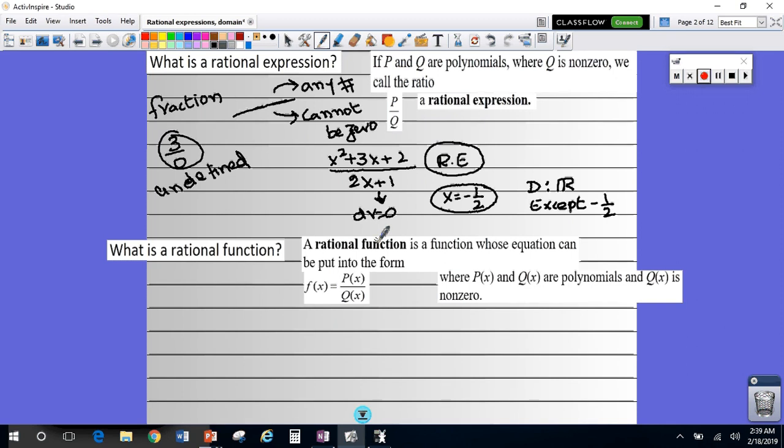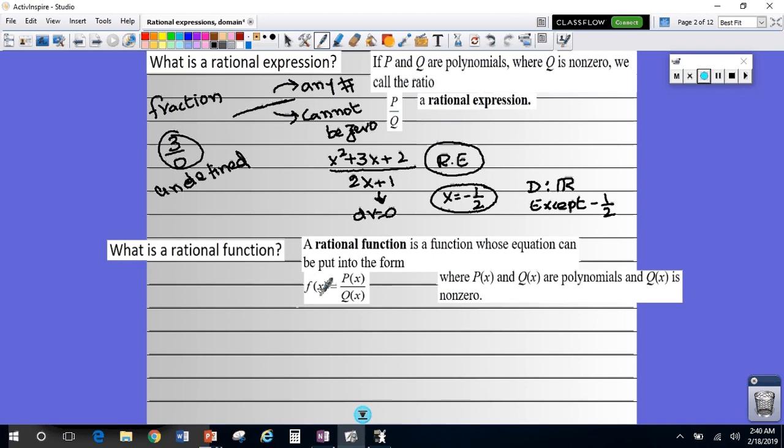Okay, now we will discuss domain and range of rational expressions in our coming classes. But first of all, this is what the rational expression is. The second thing is rational function. I already gave you the definition, you can copy down this definition. A function is called a rational function if two polynomials are divided and it is represented by another function.